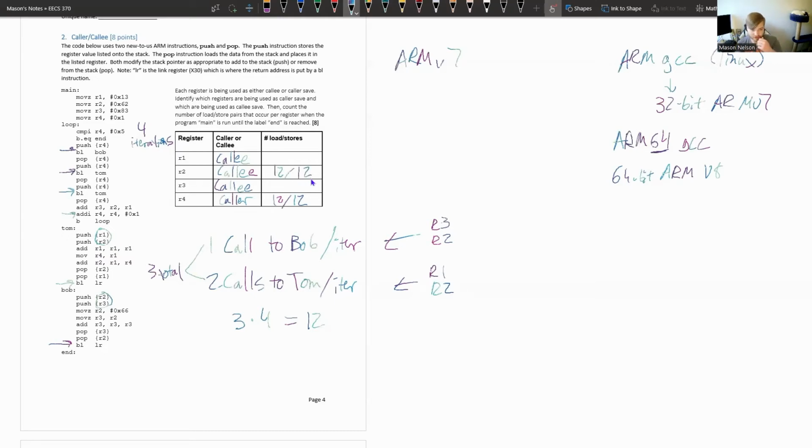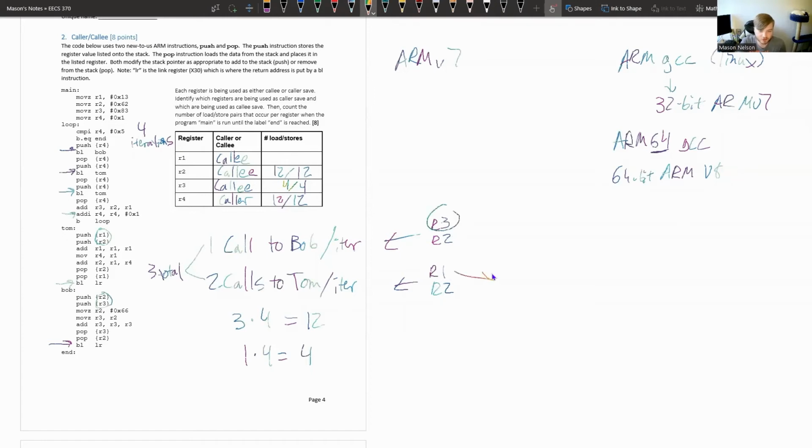12 loads, 12 stores. Register 3 is only saved for Bob. Bob is only called once per iteration. So 1 save per iteration, 4 iterations total gets us 4 total saves of register 3.